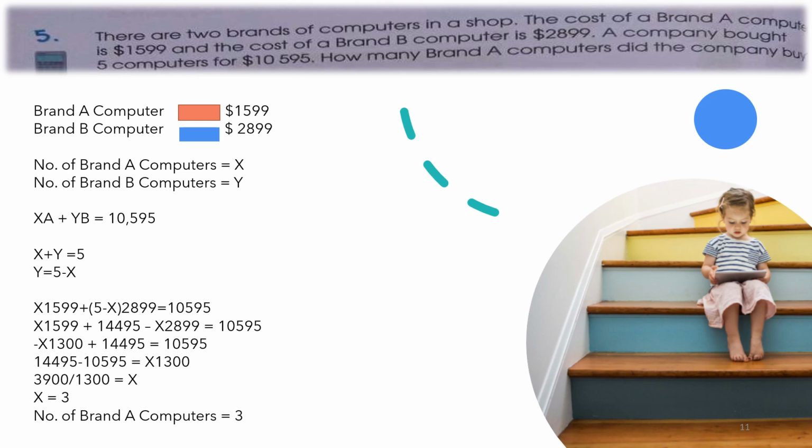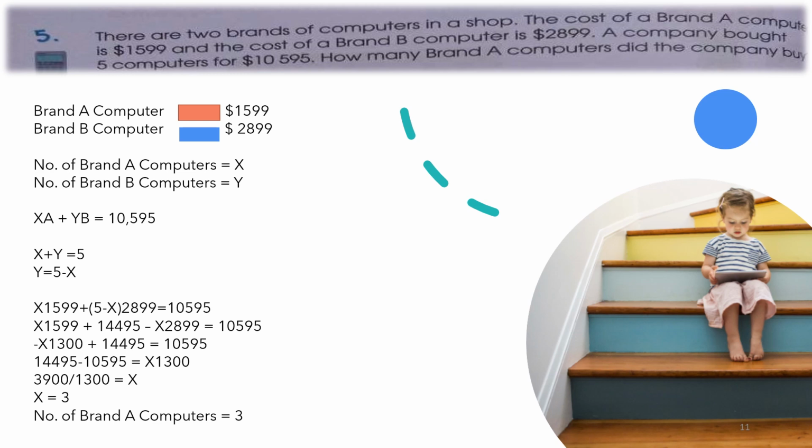So here, after solving, we have 14495 minus 10,595 is equal to X times 1300. Now after subtraction, we have 3900, and here 1300 is multiplying with X. When we take it to the other side, it's going to divide by the number, and we have X is equal to 3.